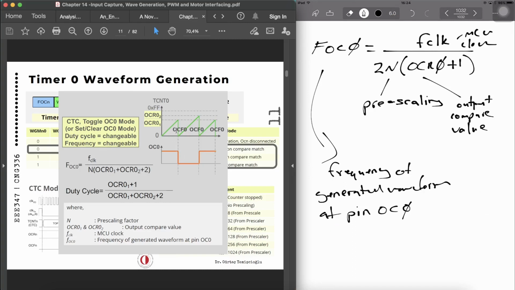So you can have different values and different duty cycles. The frequencies change, and the duty cycles also change because you can set different values for the OCR. The duty cycle can be calculated as OCR1 plus 1 divided by OCR1 plus OCR2 plus 2, and this will give us the duty cycle of that wave.